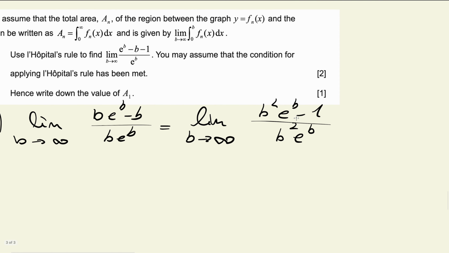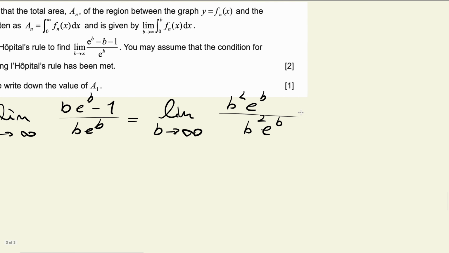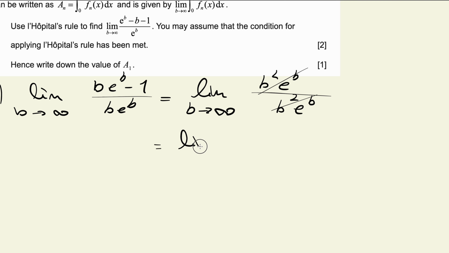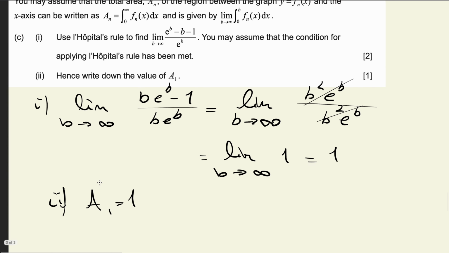I feel like I have made a mistake. Oh yeah, this is minus 1. Now you can cancel out top and bottom, and so the limit as b goes to infinity is 1, so it's equal to 1. Hence write down the value of A1, so that's easy. A1 will simply equal 1.